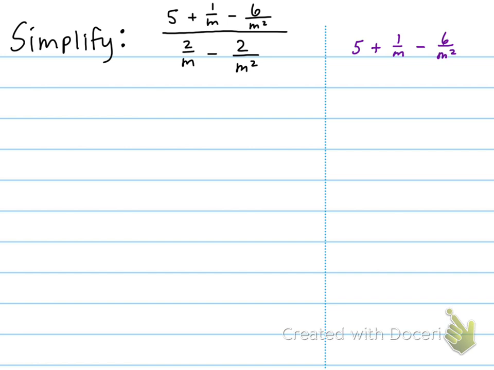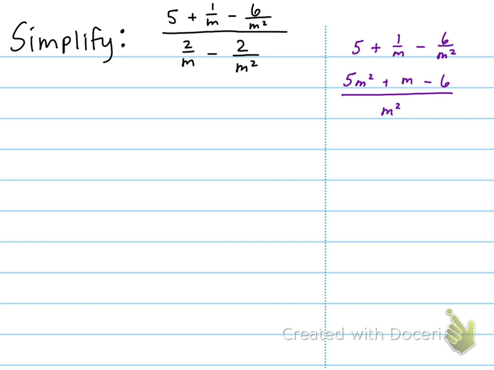So I'm going to multiply everything by m squared. So I have 5m squared plus, 1 over m times m squared is m. And then this would be minus 6. Now we all have this over this beautiful fraction, m squared, because I multiplied everything by m squared divided by m squared, right? I was trying to get that common denominator.